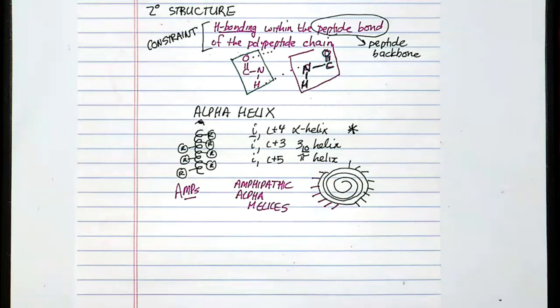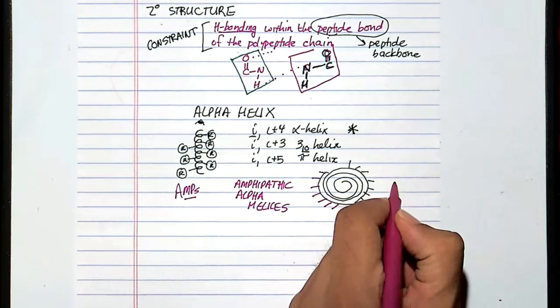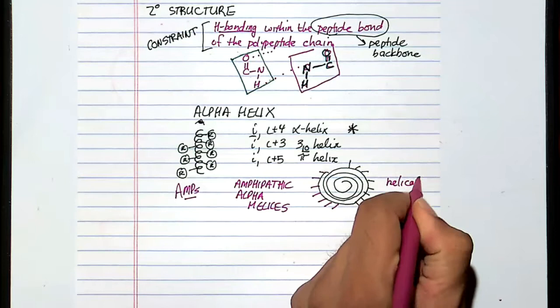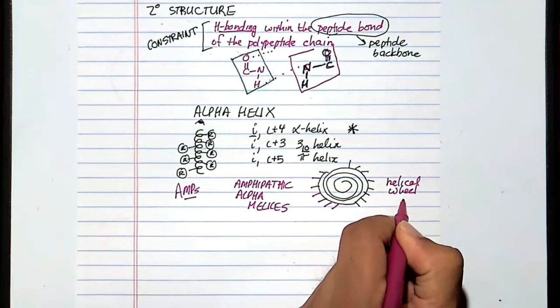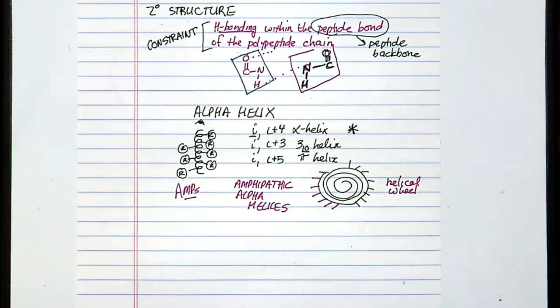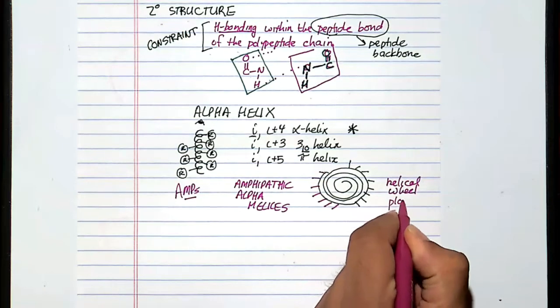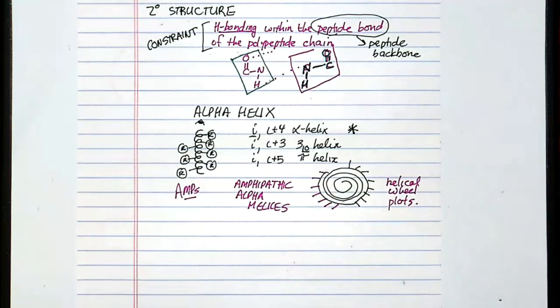A lot of natural products chemistries like fungi and yeast, bacteria may produce amphipathic alpha helices. All right, so this is called a helical wheel plot, or a helical wheel diagram. I would consult the lecture because I'm not going to go into helical wheel plots in any more detail for this particular video.